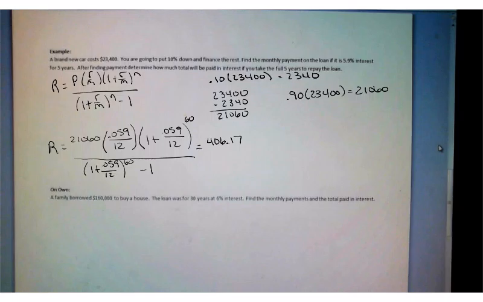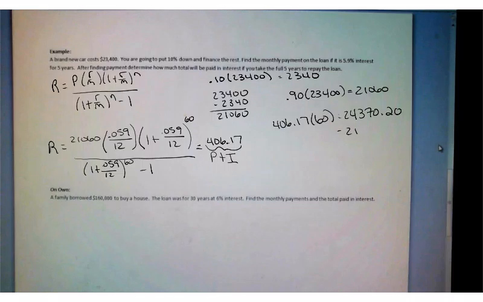Nonetheless, without creating the table, we may still want to know how much we're paying in interest. Given all the information we have here, we can actually do that very quickly. Consider your payment of $406.17. That payment is comprised of both the principal and interest. So if we take the $406.17 times the number of payments we're going to make, that will tell us what we paid back in total for the loan, which is $24,370.20.